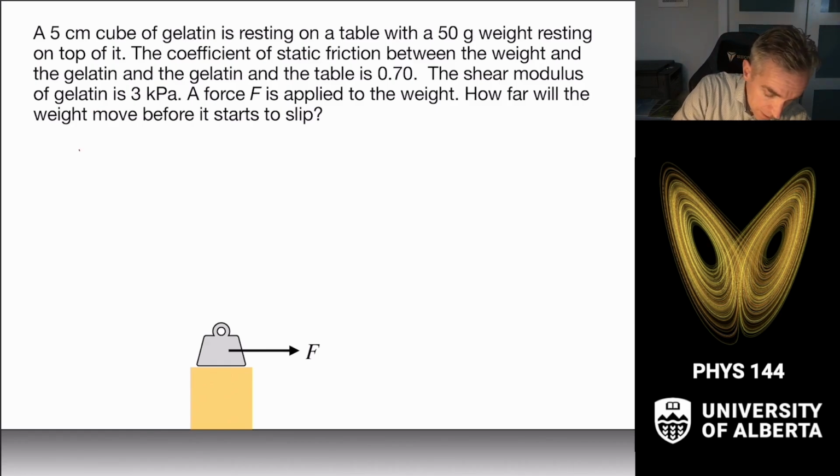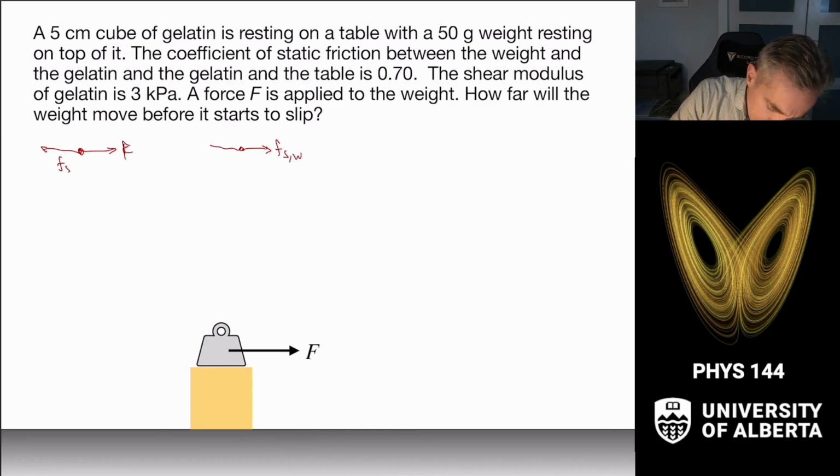The free body diagram of the weight has a force that's pulled onto it. If it's just being gently pulled, it's going to be in equilibrium with a static friction force. That static friction force is going to apply to the gelatin, so it's applied to the top from the weight.